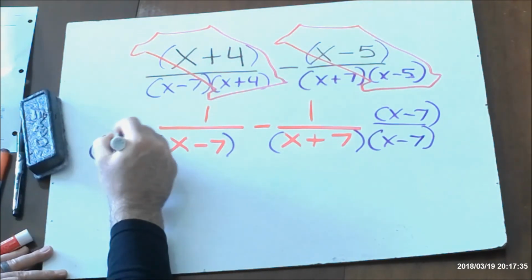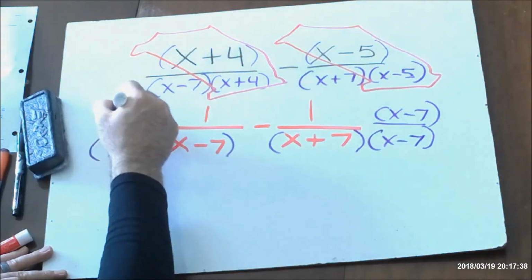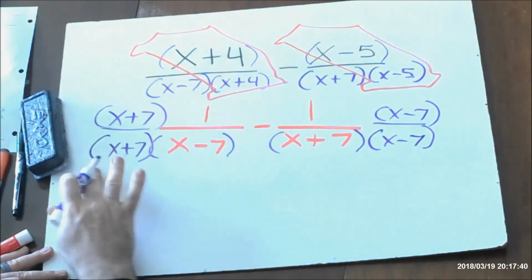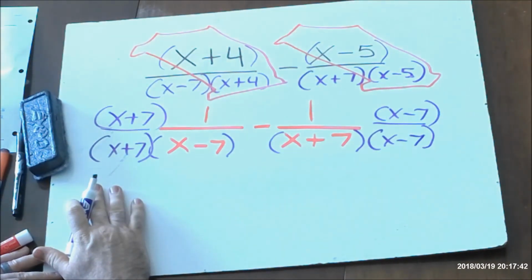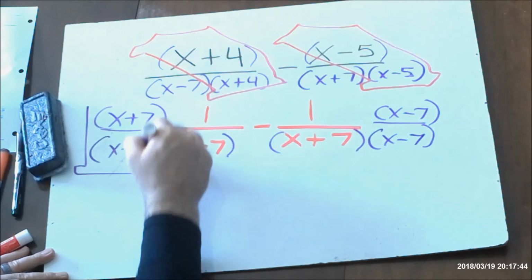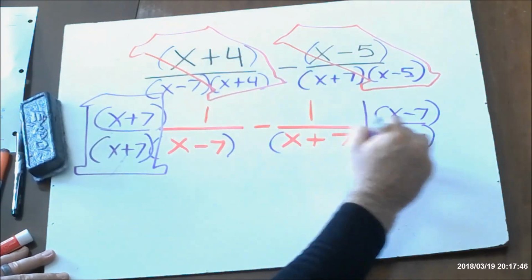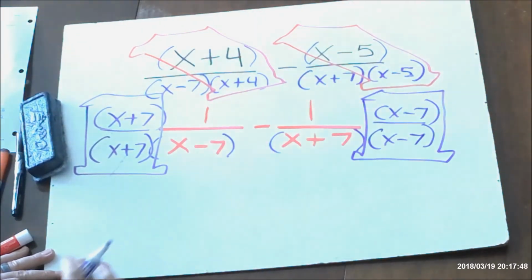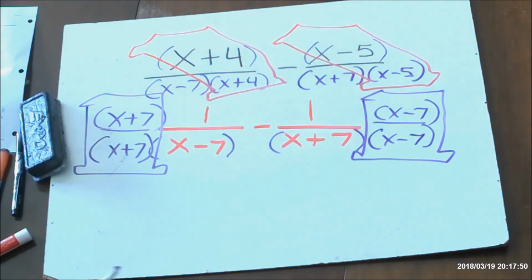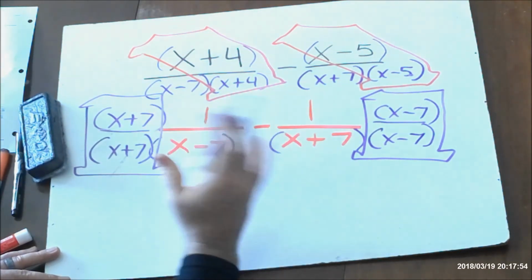This one's going to get an x plus 7. Once I put these guys in here, again, I've multiplied by 1, so try to remember that's what you're doing. It's the only way you can change the way it looks without changing the problem. Since I'm multiplying by 1 here, it doesn't really change anything.